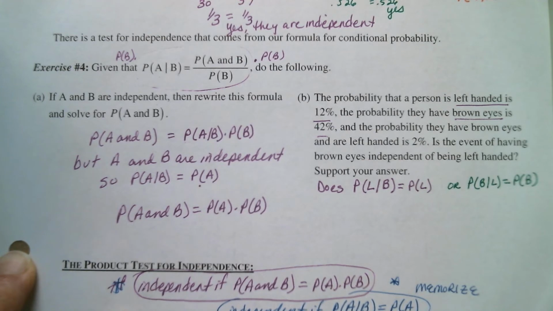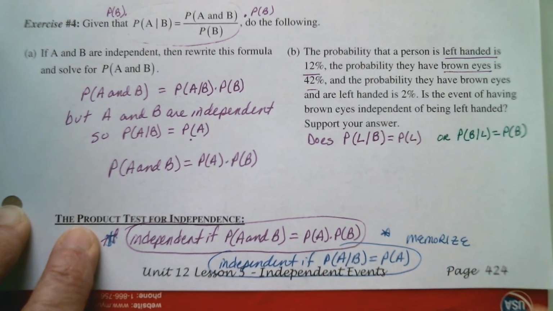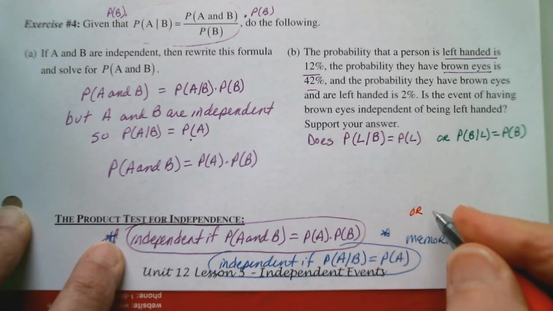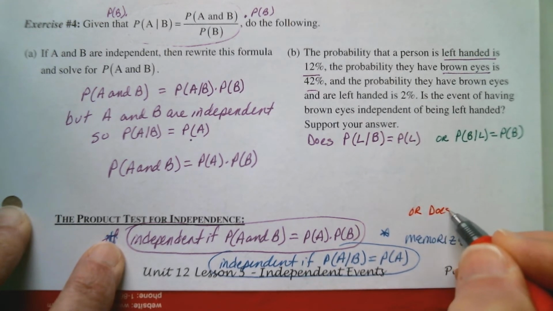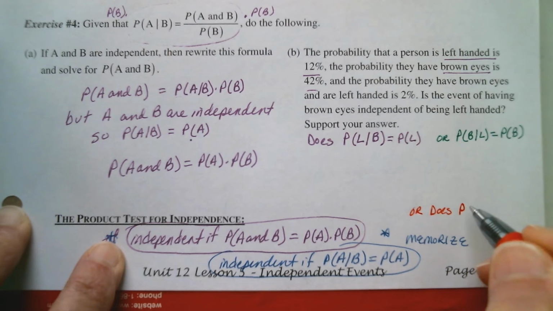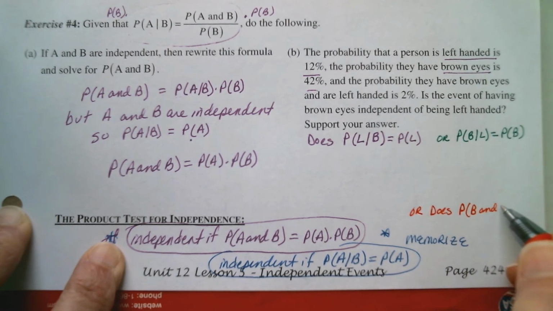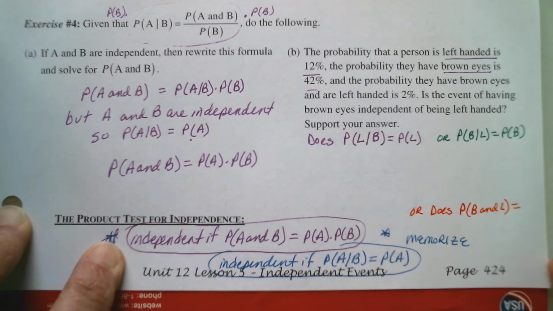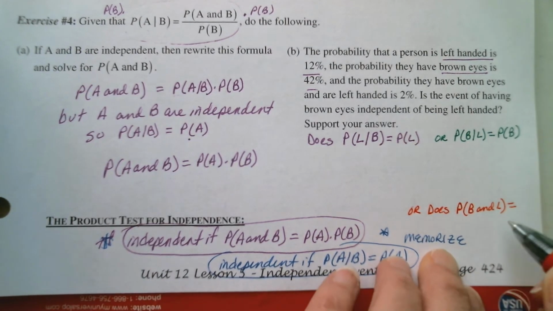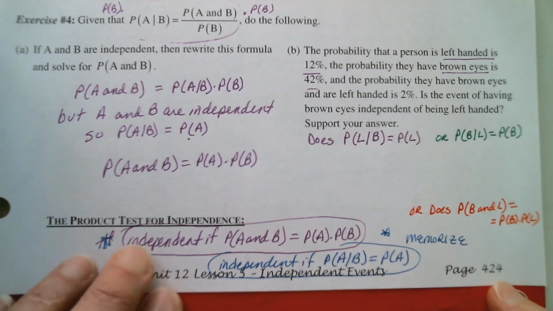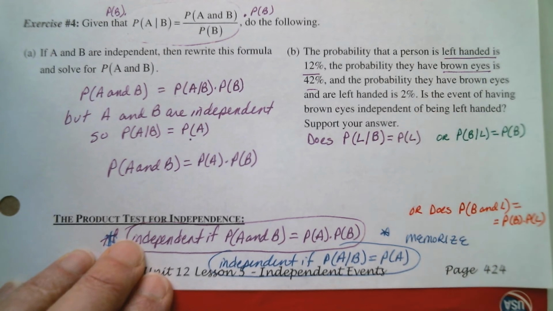Or does the probability of brown eyes and left-handed equal the probability of brown eyes times probability of left-handed? So any one of these three.